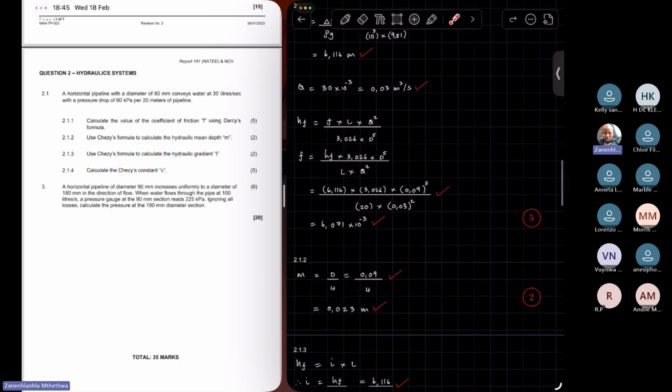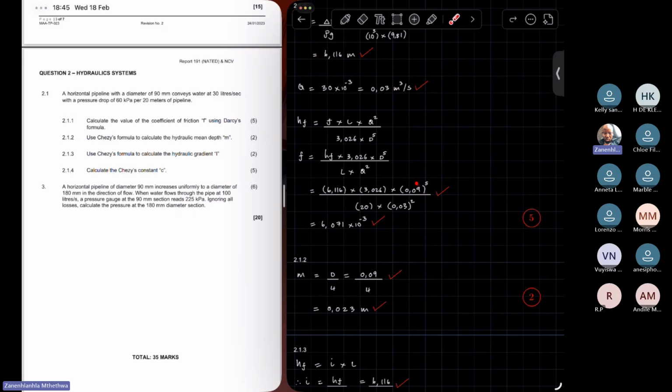And then you make F, the coefficient of friction, the subject of the formula, which then becomes this. Then all you have to do now is simply substitute HF, just calculated, 6.116, times the 3.026 times the diameter.